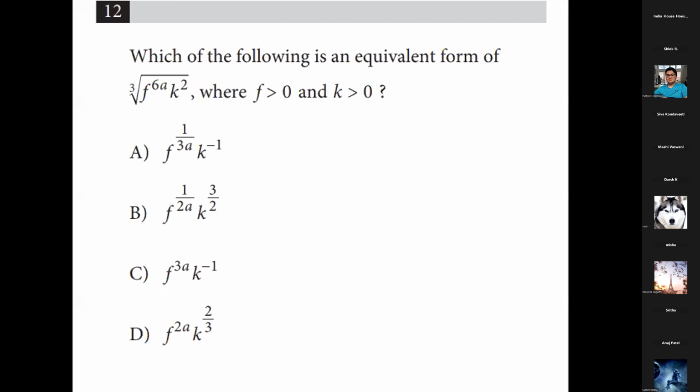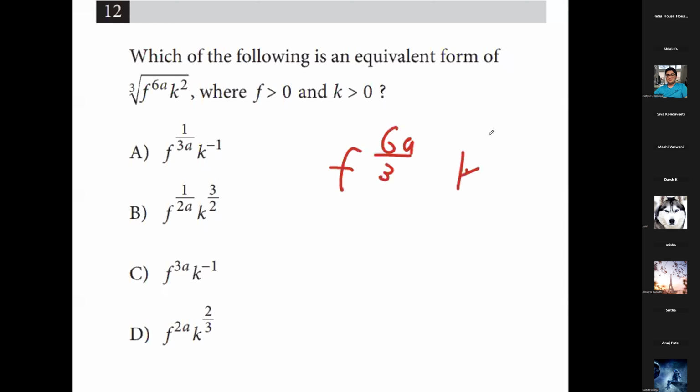Okay, so for question 12, 12 is basically the same principle. We're just taking the cube root of this equation. So in order to do that, well, basically it's just division. So in the last one, we did 24 divided by 8. Well, in this case, we're just taking these exponents and dividing by 3. So f of 6a, we're just dividing this by 3.